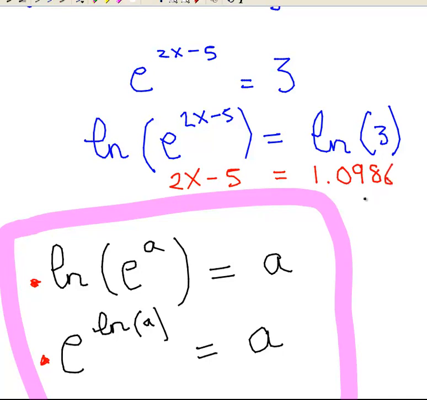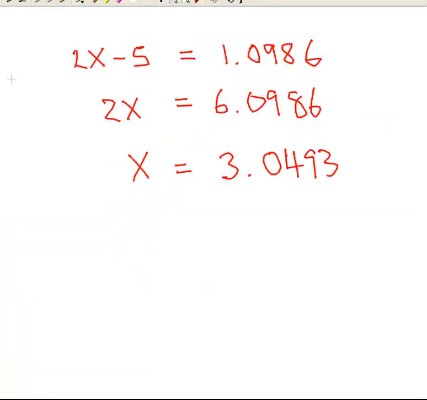So that expression reduces down to this power, and we just did the calculator work for the natural log of 3. So 2x minus 5 equals 1.0986.